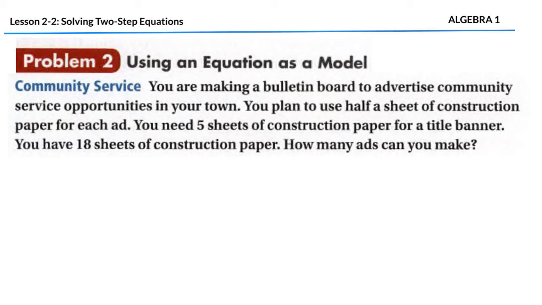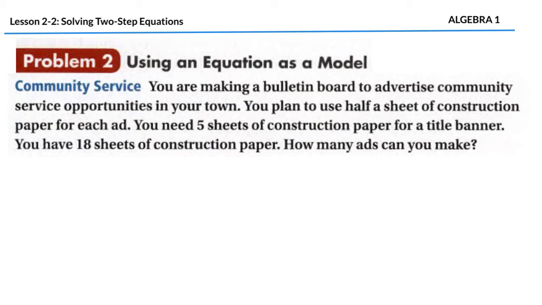Now let's try this in a real world scenario using an equation as a model. You are making a bulletin board to advertise community service opportunities in your town. You plan to use half a sheet of construction paper for each ad.